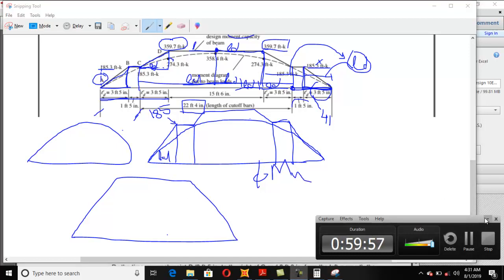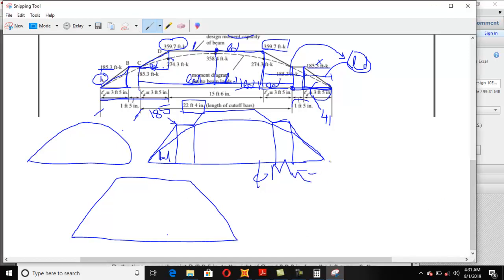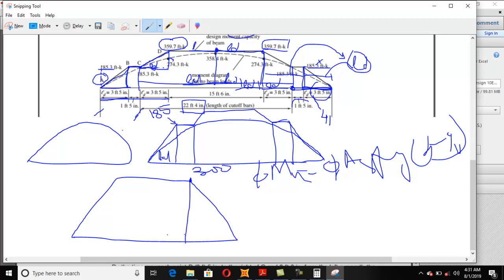Phi Mn, that is the basic formula, where a is Fy, d minus a over 2, and you draw this moment diagram. If you get a value at this point, let's say this is 300, so your 300 value will be achieved if your bar length is embedded into the concrete for a distance of LD.